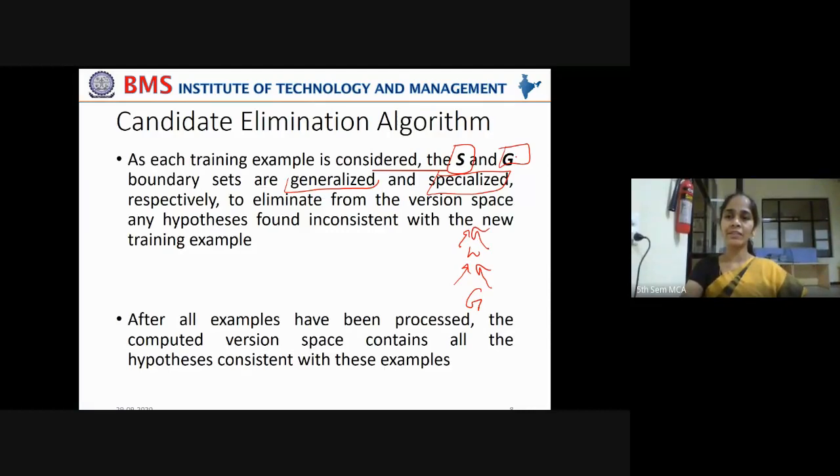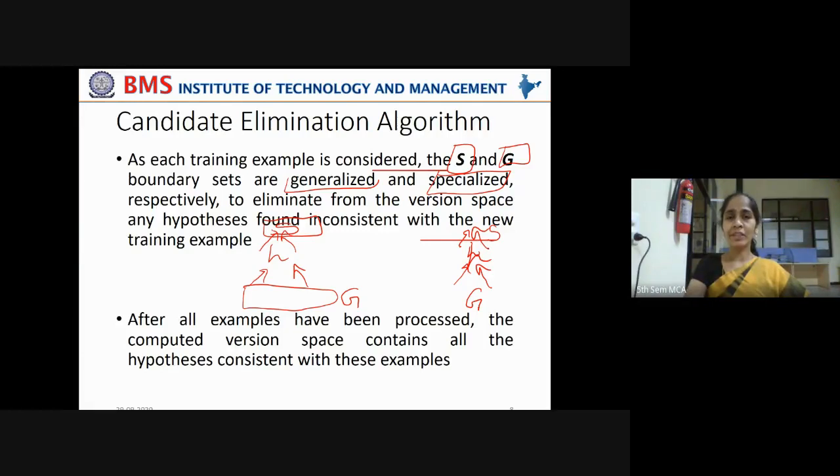So I can read it like this: G is trying to be specialized. This is H. The bottom part of this version space is the G boundary set. Now it goes towards more specific hypotheses, and these will go to the maximally specific hypothesis S. Got it?